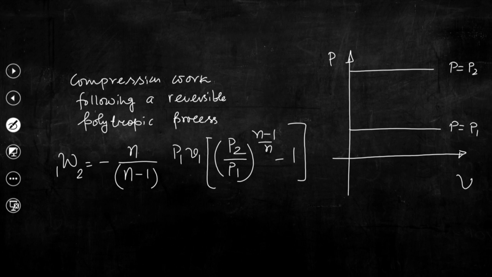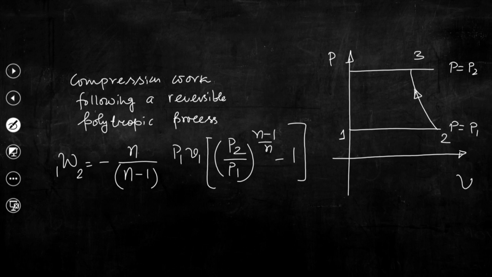So, these are the pressure limits, and if we now consider the process, this is point 1, this is point 2 and then this is 3.